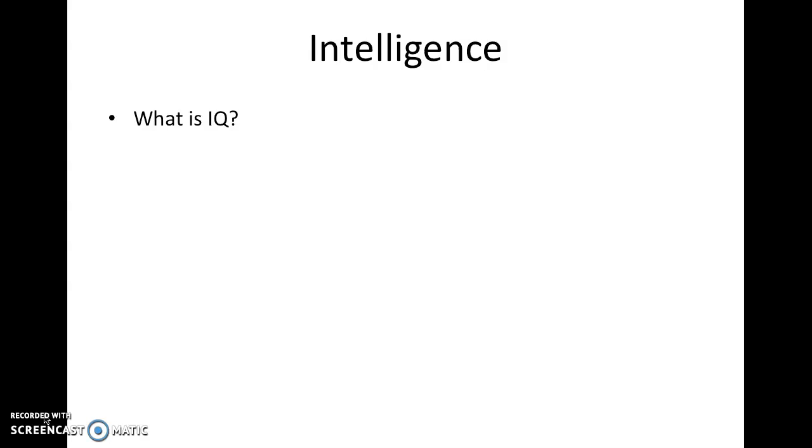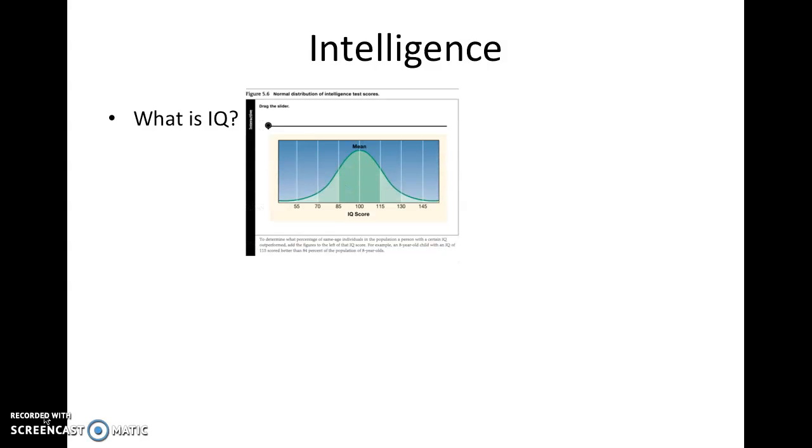So just briefly, what is IQ? IQ is an attempt to quantify or put a number to how smart you are. We've looked at charts similar to this before, actually back from Chapter 5, Figure 5.6.